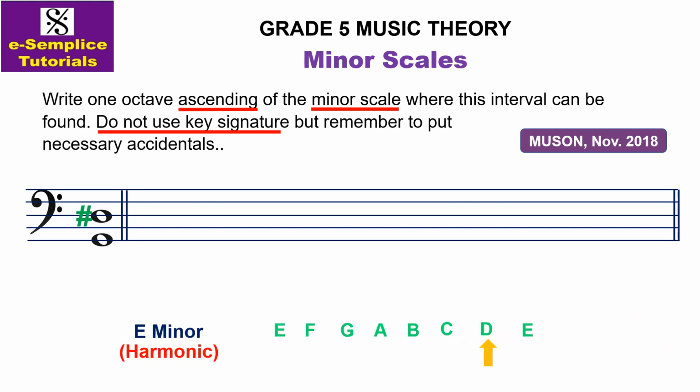Now that we have established the minor key where we can find this interval. As usual, remember you are writing without key signature. So that's the natural key signature accidental. Raise the 7th note. You have D sharp, and it is supposed to be an ascending scale. So let's put the notes on the stave.